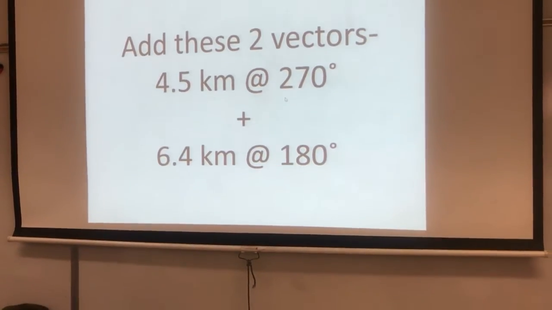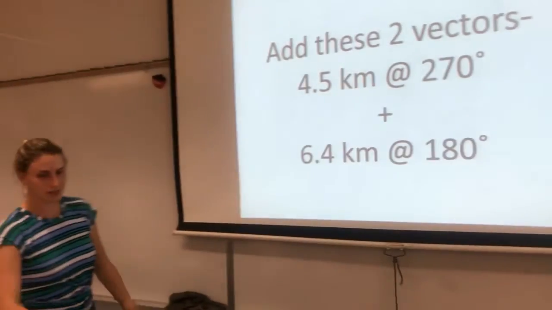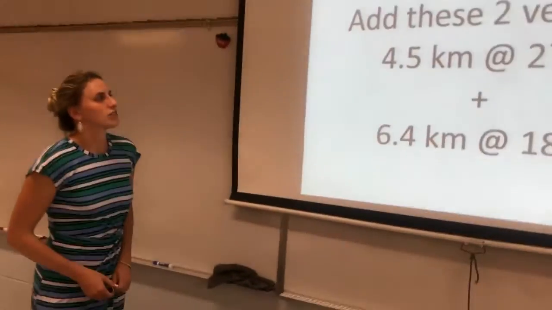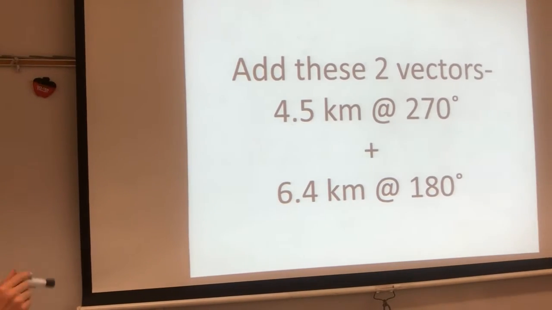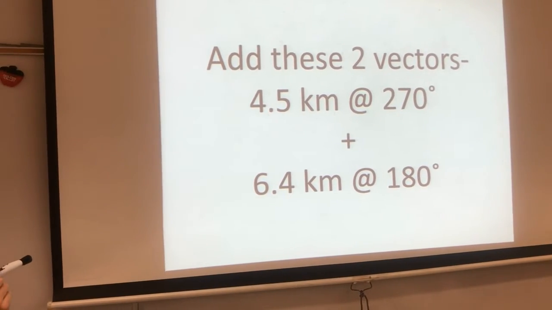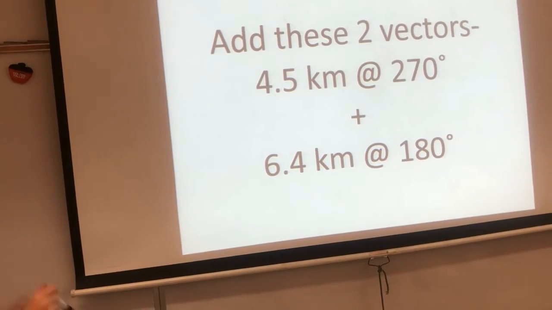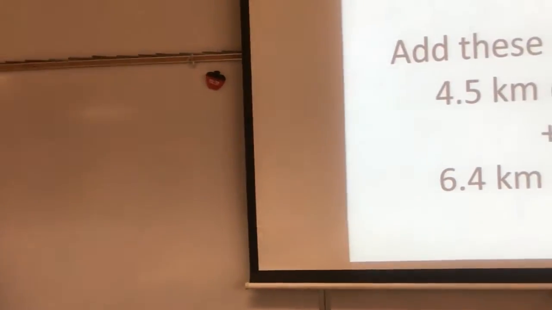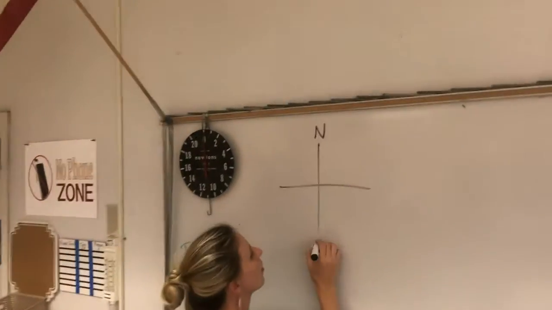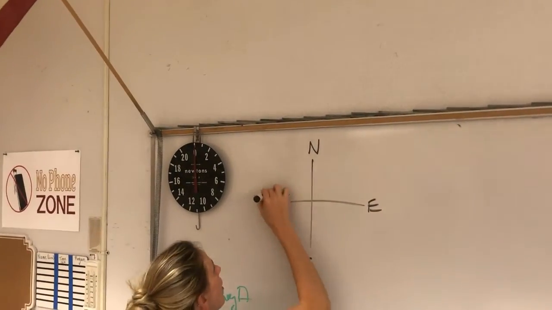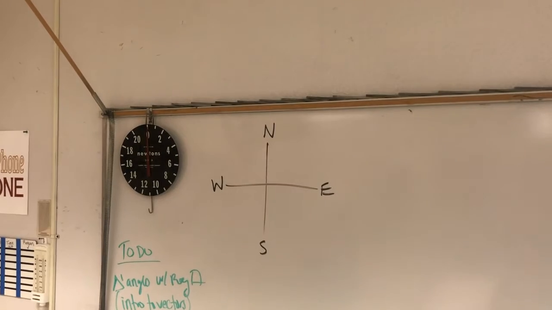Example problem. Add these two vectors. Pause the video, see if you can do this, see if you've got what it takes. Draw a compass rose up over there on the left: north, south, east, and west. Start with that. And what are the numbers that go with it?